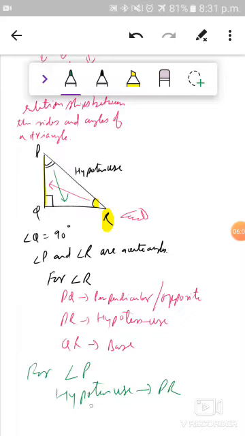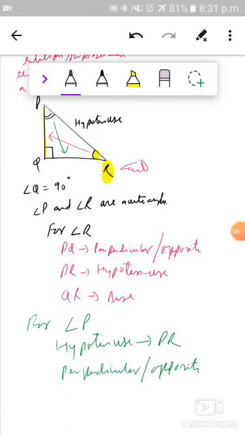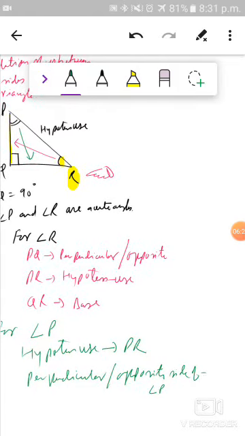So this time our perpendicular, or we say opposite, is the opposite side of angle P, that is QR. So perpendicular is the opposite side of the acute angle with respect to which we are going to measure.